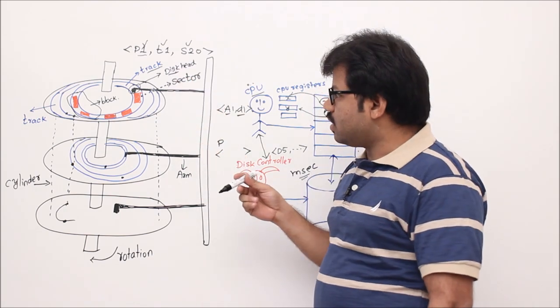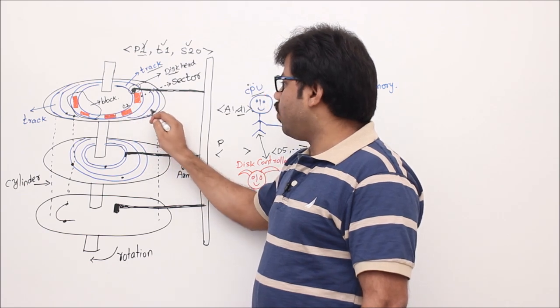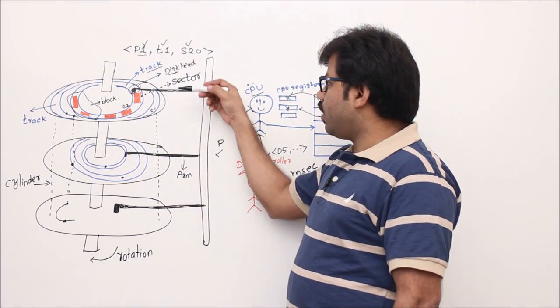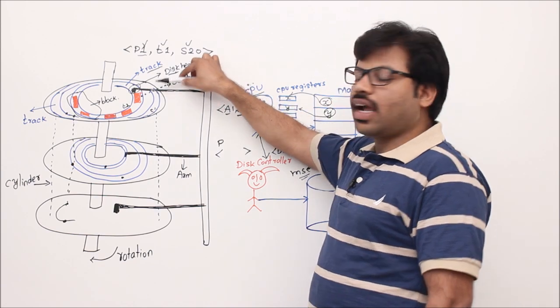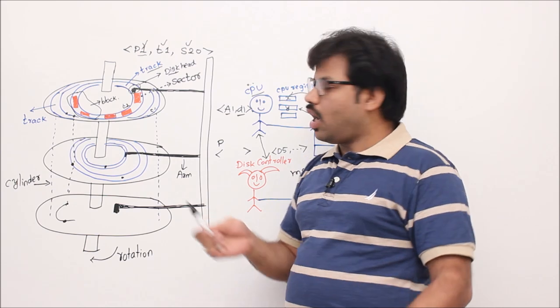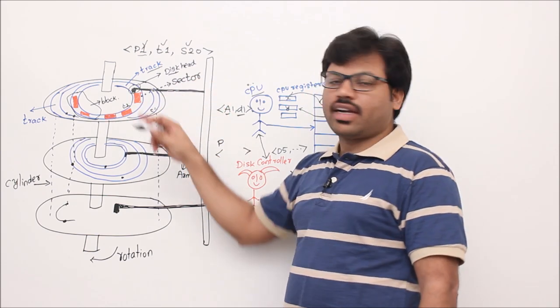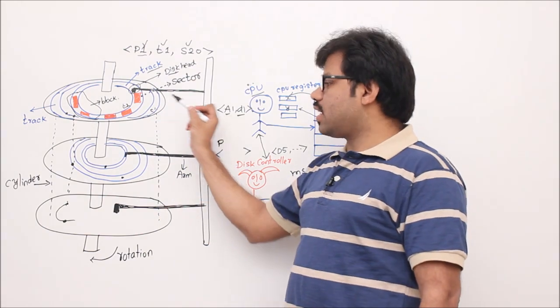So let's say this is track number 2 and this is track number 1. Initially, let's say your IO head is resting on track number 1, and the designers know how to send an IO head or disk head from track number 1 to track number 2, and they know distance calculations.